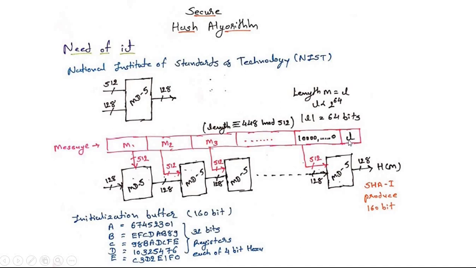How many bits do we use as a fixed length? Here MD4 and MD5 use a 64-bit length as a fixed size input. Why? Because the length of the message is L, so L should be less than 2 raised to 64, and so we have to keep the L field as 64-bit data.